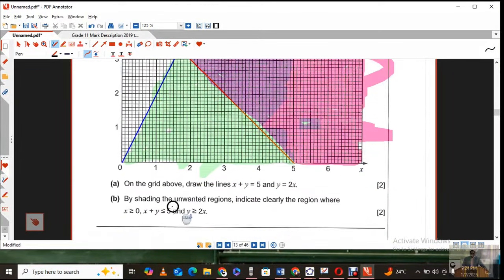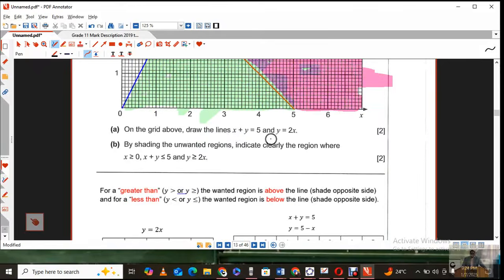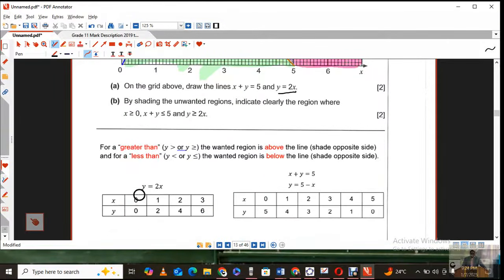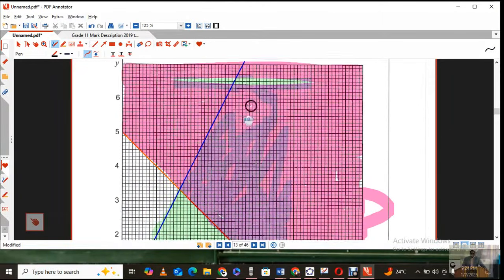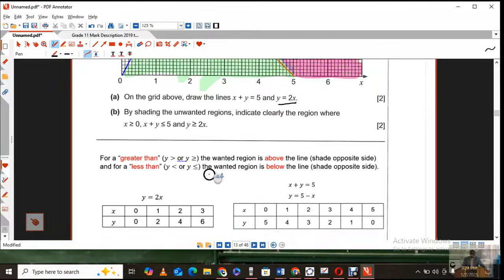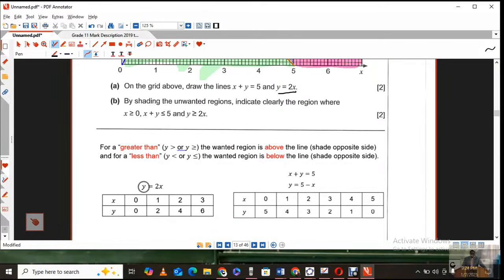Good. The second one that was challenging is y equals 2x. I made my table here and took a few points: 0, 1, 2, and 3. I didn't want to go far because it would be outside of the grid. If x equals 0, what's y? Of course, it will be 0. If x equals 1, y is 2.